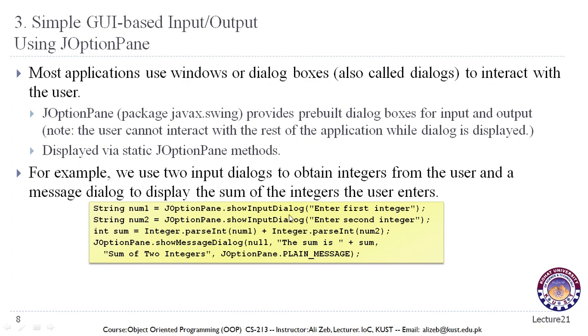This method will display a message on the screen with a dialog box and a text box where we can enter our integer value. Then we will display another dialog box on the screen asking the user to enter the next integer.